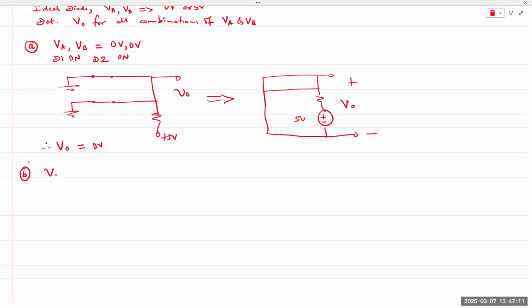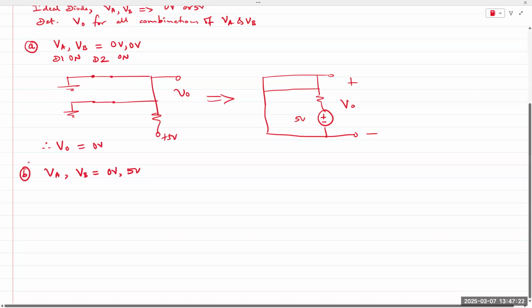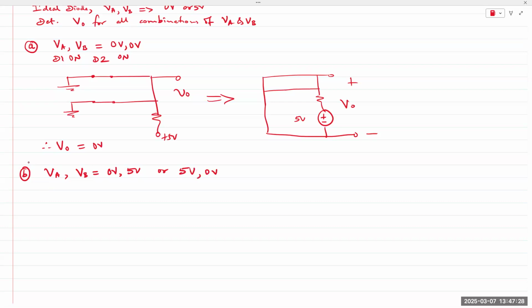So if VA and VB are 0 volts and 5 volts, D1 will be on and D2 will be off.